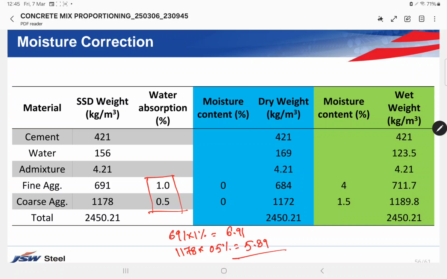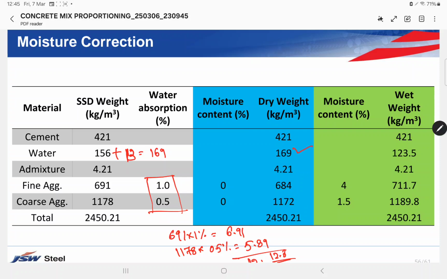So my total additional water content becomes 6.91 plus 5.89, which is 12.8. To the 156, I need to add this 12.8, let it be 13. So my final water content becomes 169.